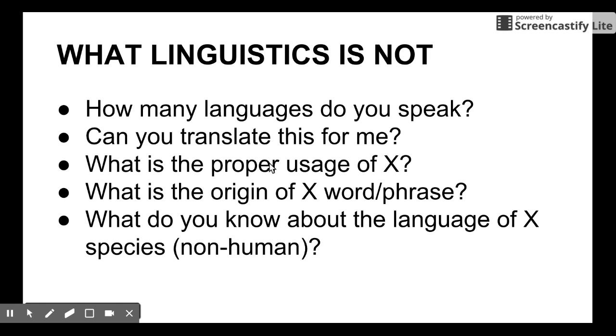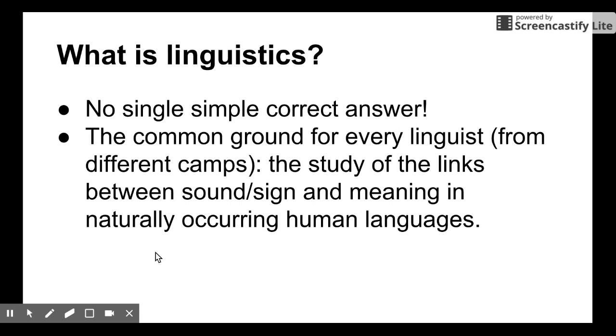All these questions are not relevant in a linguistic study. Okay, because we want to know about naturally occurring human languages. This is the main focus of the study.